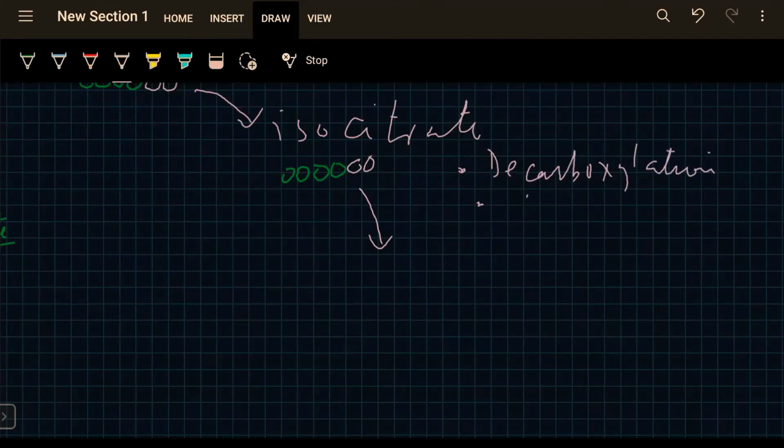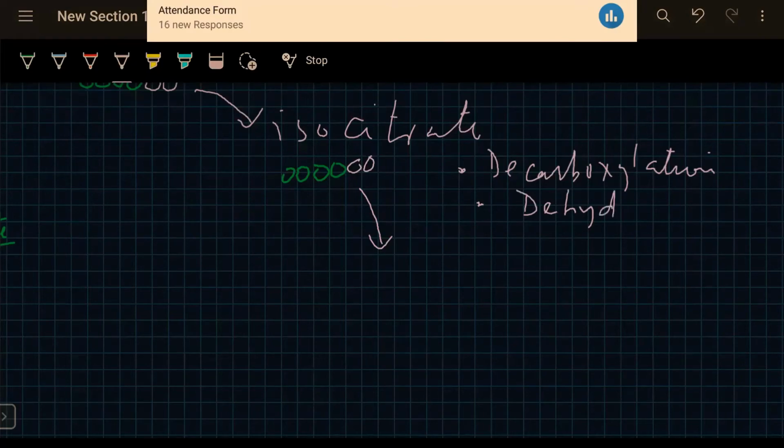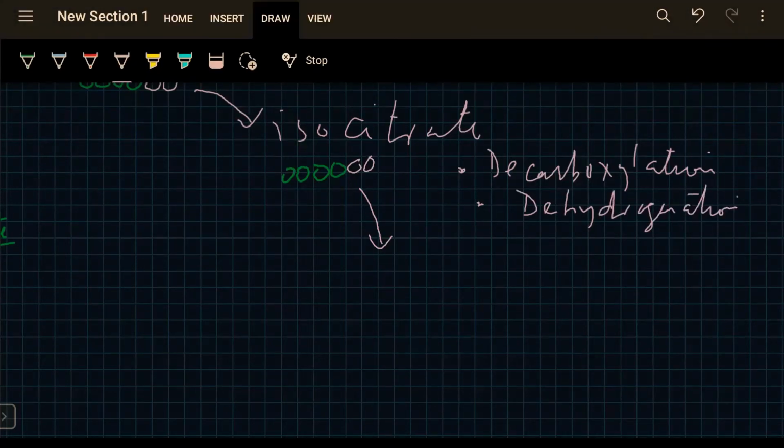Decarboxylation means a carbon dioxide is removed, and dehydrogenation means 2 hydrogen are removed, which reduce NAD to NADH2.